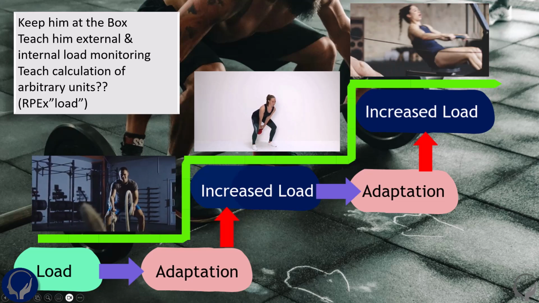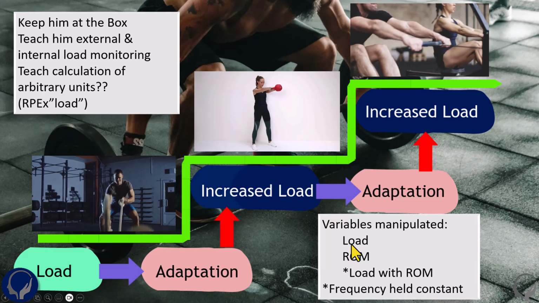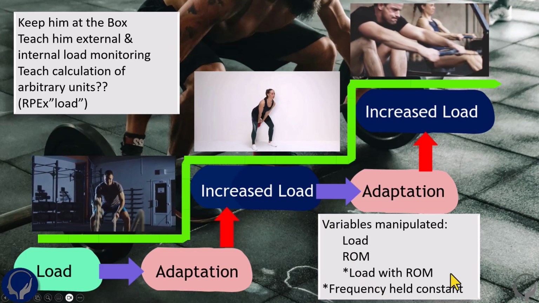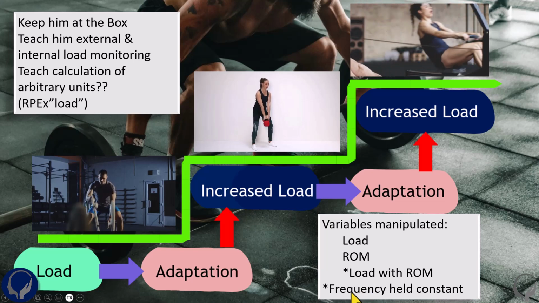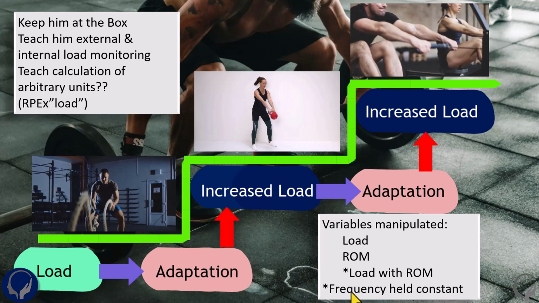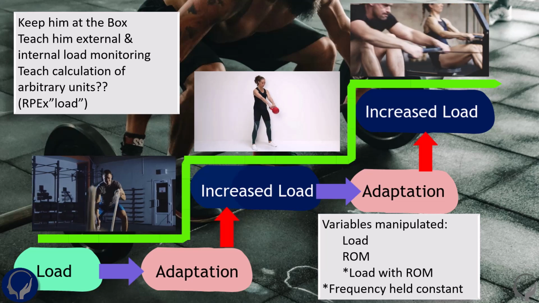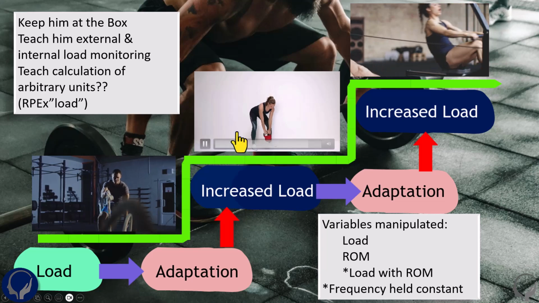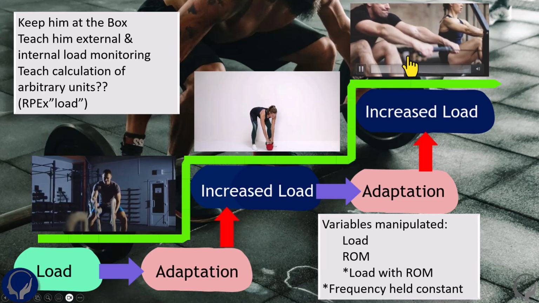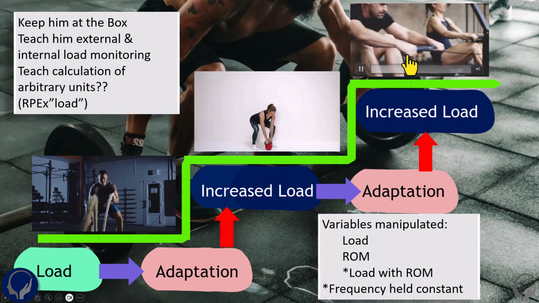So the variables that you're going to manipulate are load, range of motion, and then potentially load with range of motion. Frequency is going to be held; I'm not changing how often he's training. I'm keeping that constant. And I'm changing load, from a standpoint of static load, dynamic load, and dynamic non-weight bearing.